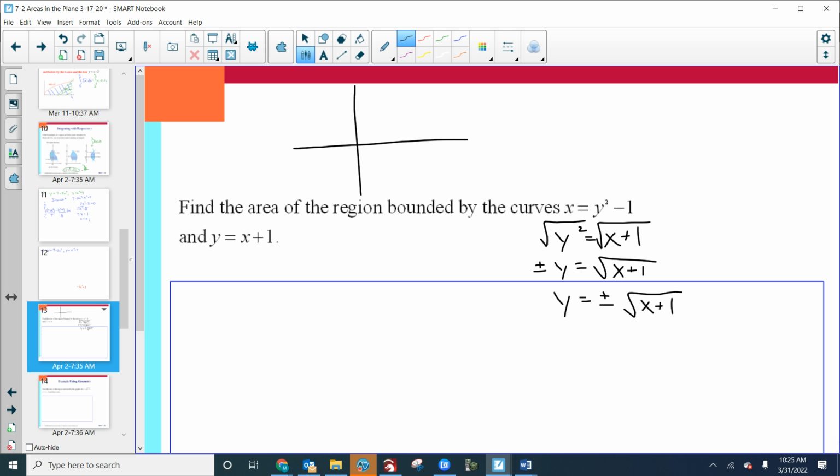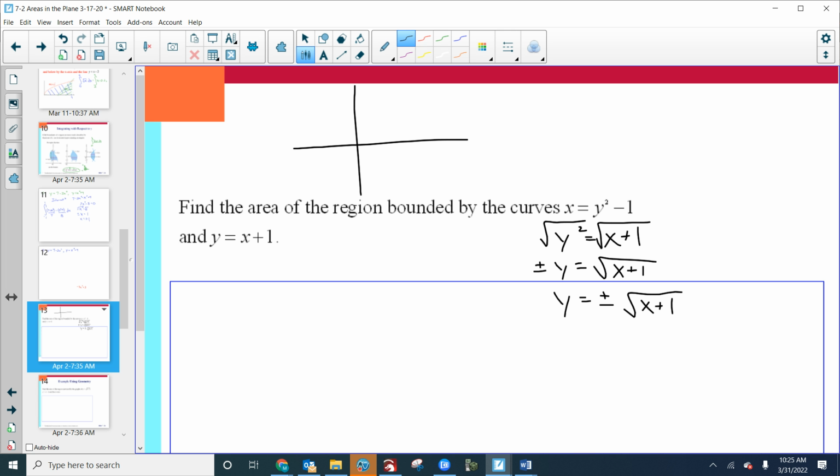Where's the vertex? That x plus 1 inside causes the vertex to be at x equals, here -1 or here 1? I can never remember which one, shifted right or shifted left. What causes it to be 0? Well, when x is -1, it causes y to be 0, doesn't it?